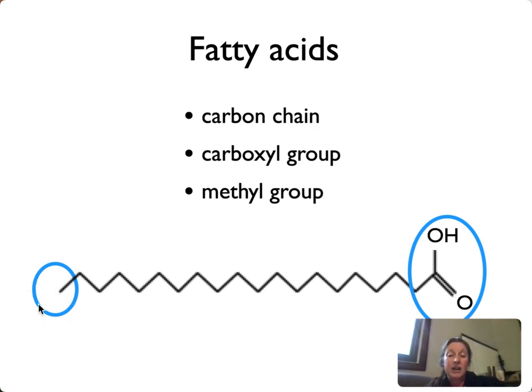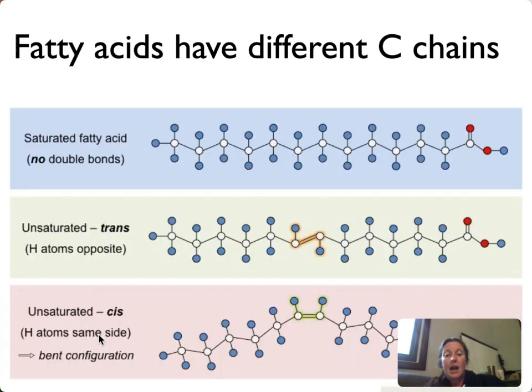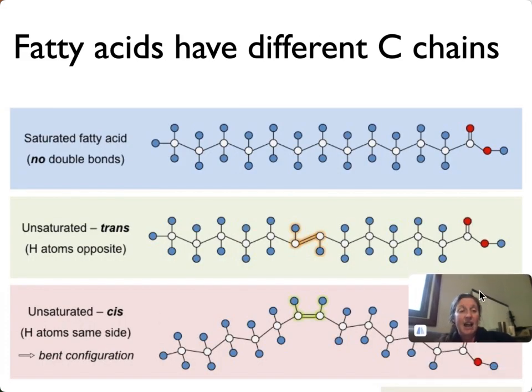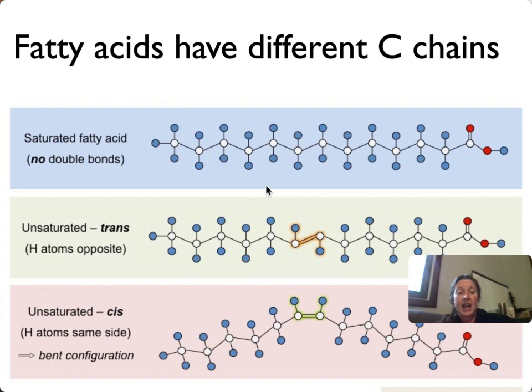Now, remember, we're kind of ignoring the hydrogens because we discriminate against them. They're invisible. So if there's nothing else drawn here, the assumption is that this last carbon is bound to 3 hydrogen atoms. Okay, fatty acids have different carbon chains. Some of them, every carbon has 2 hydrogens, so every carbon has 4 bonds total.